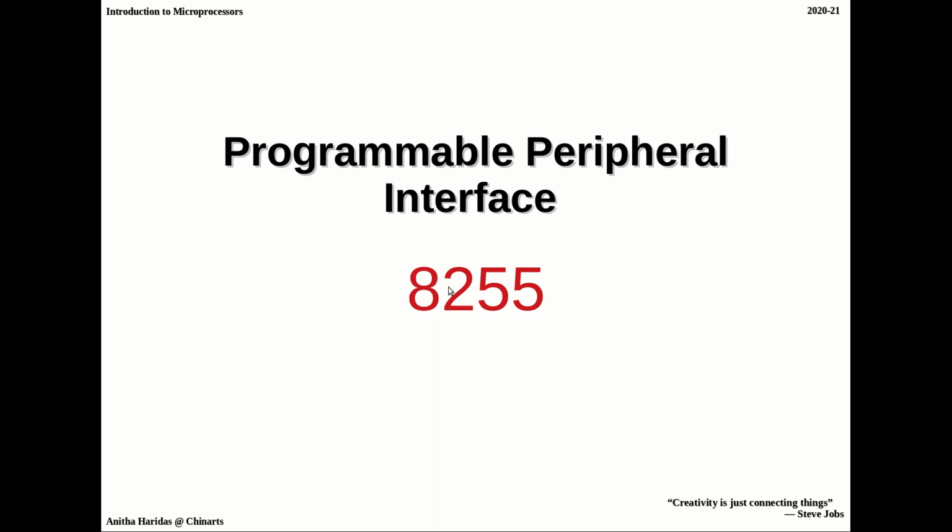In the fifth module of the microprocessor course, we are currently discussing the input-output interface units, in which we have discussed the three data transfer schemes: programmable input-output, interrupt-driven input-output, and the DMA.